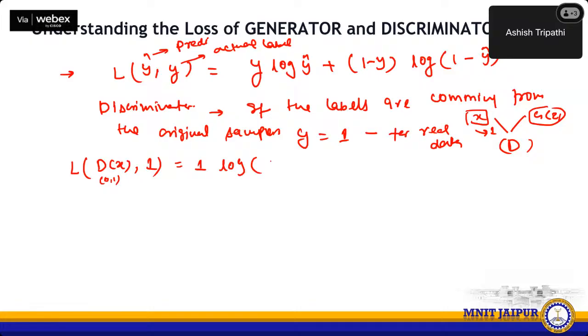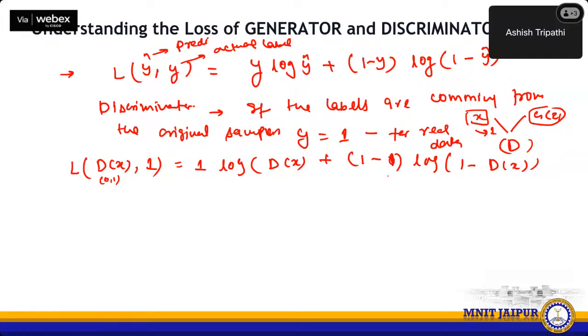What is y hat? Y hat is D of x. D of x means the probability value that has been given by the discriminator network, on the basis of which it is going to decide whether it is fake or real. Plus 1 minus label is 0, so this is 1 minus 1 times log of 1 minus D of x.